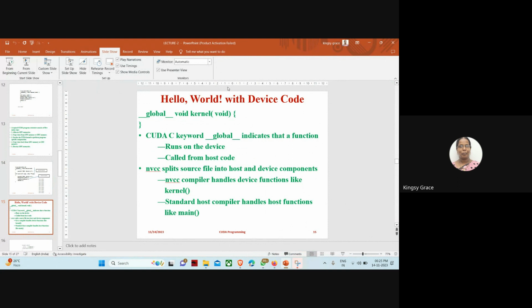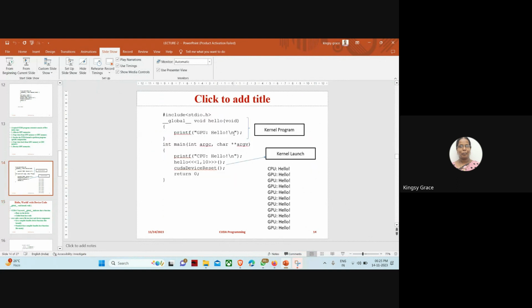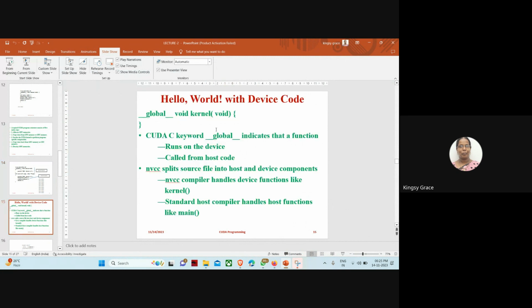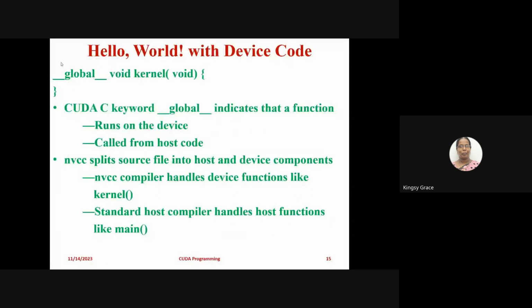Okay. So already we told you there are two sets of code available. One set is called the kernel program or device code, and the other is the CPU or host code. The first part is called the device code.